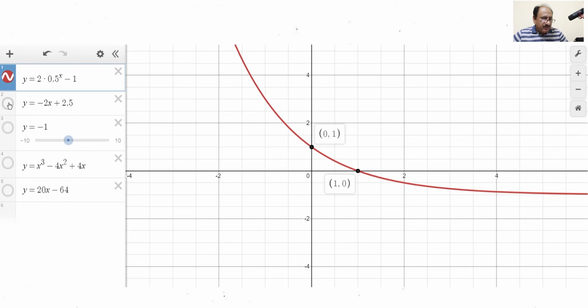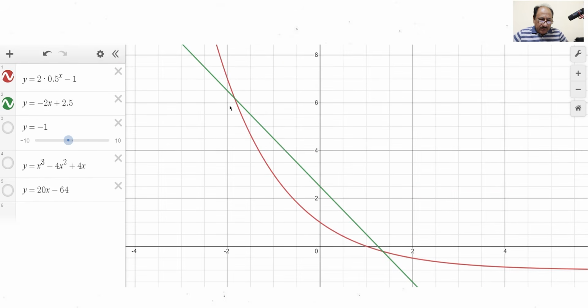And for the second graph, which is the straight line we got, y is equal to minus 2x plus 2.5, that line will be this one, so it will be intersecting. This is the exact solution, 1.361 x value, and if you check, our value is 1.3, which is very close to the answer.